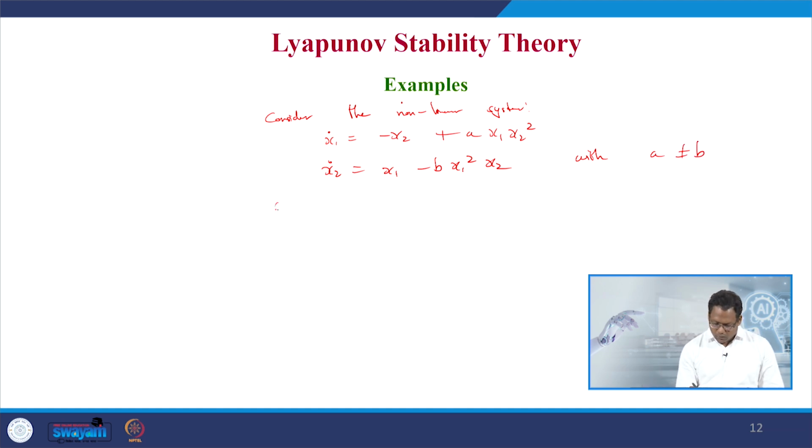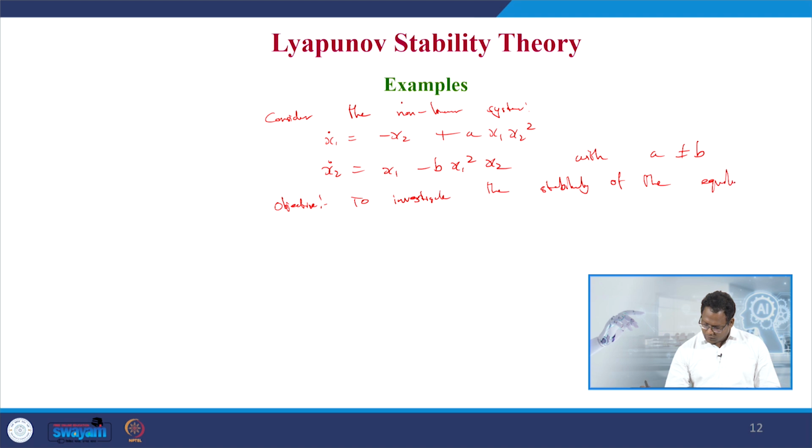Now, our goal of this problem is to investigate stability of the equilibrium point of the system.